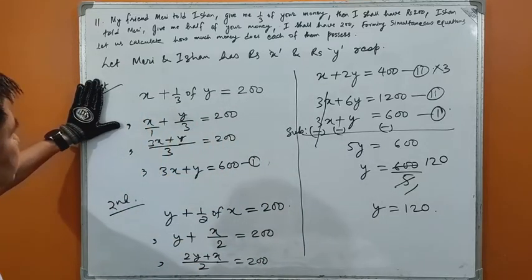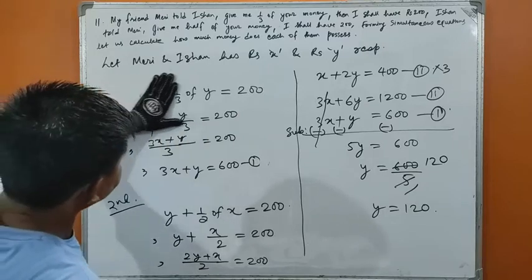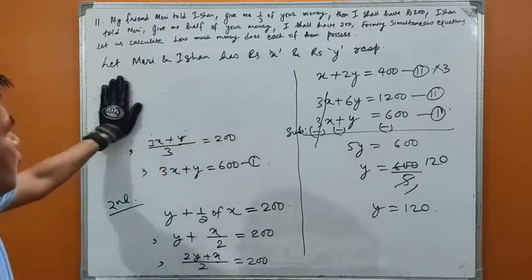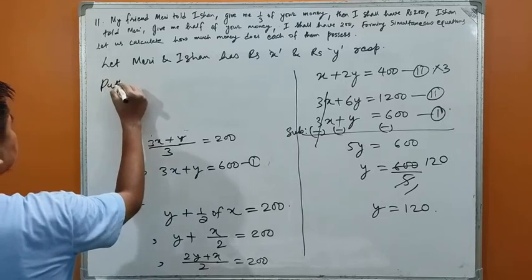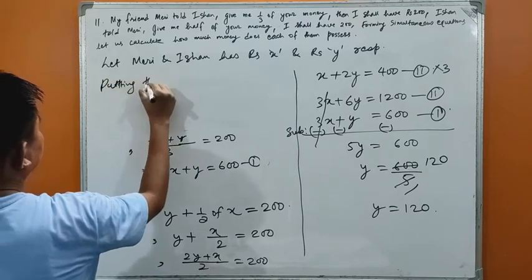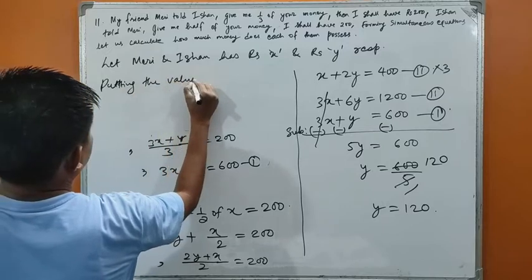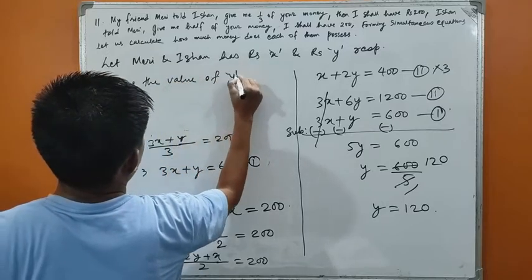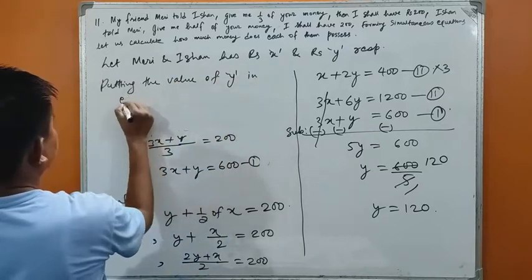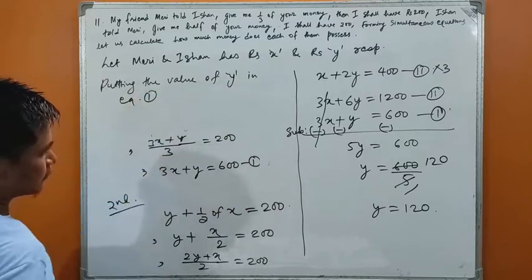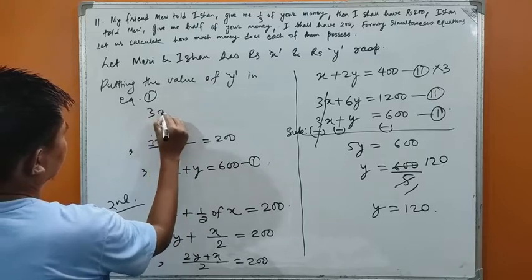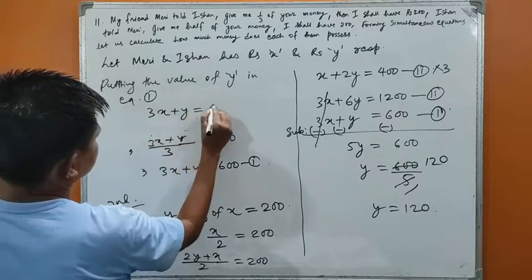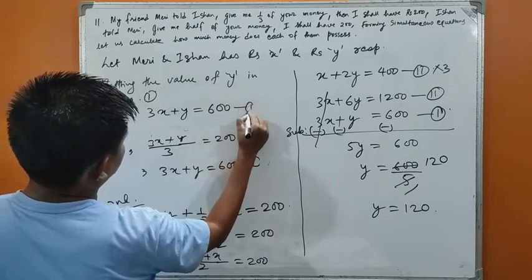Let me erase this. Okay, please take the screenshot. So putting the value of y in equation 1. Equation 1 we have 3x plus y equals 600.